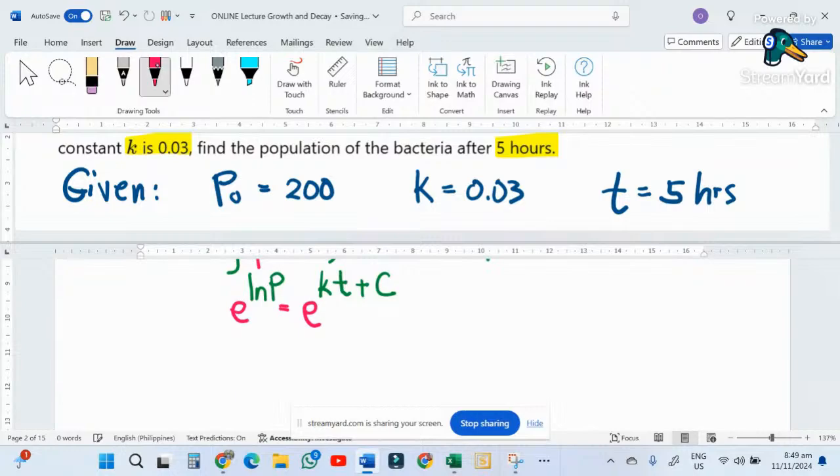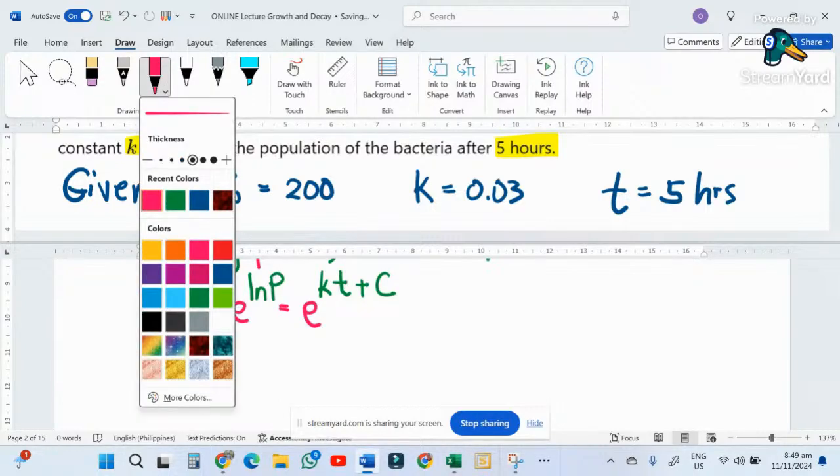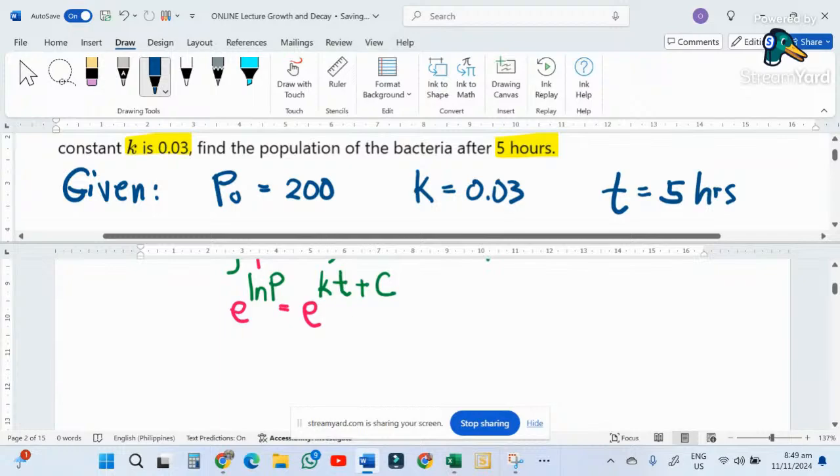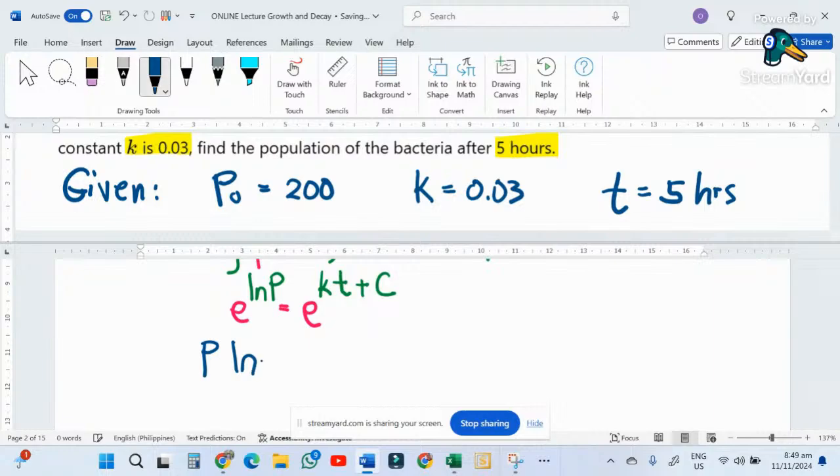So in my own version of understanding it, this is what I'm going to do. P will be there, and ln will go here, and e will be there, because we know that ln e is equal to 1, leaving P as the only variable on the left side.